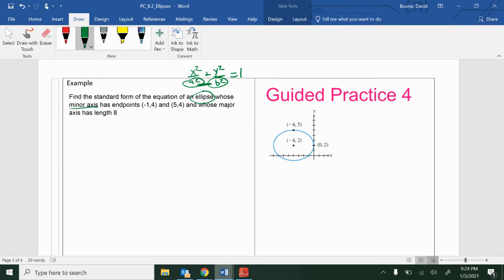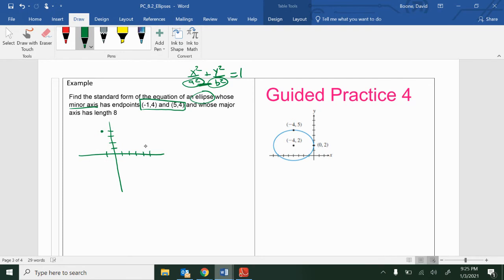This one tells us that the minor axis has endpoints here. Okay, so let's start drawing that. So if I'm at negative 1, 4, that's an endpoint of a minor axis, and then 5, 4. So 1, 2, 3, 4, 5, 4.